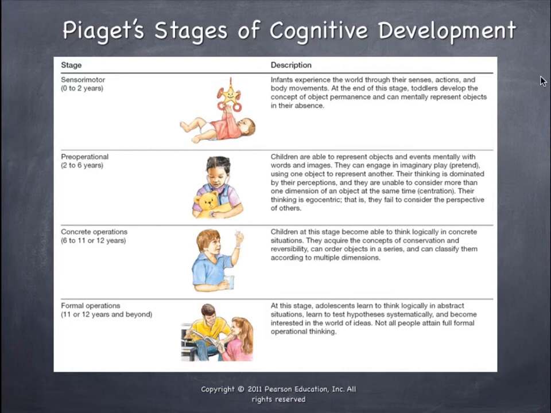Whereas a child who's gone through conservation will know that it's the same amount of water, it's just in 2 different shaped containers. And then lastly, they'll go through the formal operations stage, between 11 or 12 years and beyond, where pre-adolescents and adolescents can start to apply logical thought to abstract, verbal, and hypothetical situations, and to problems in the past, present, and future. Hypothetical-deductive thinking is the ability to base logical reasoning on a hypothetical premise.